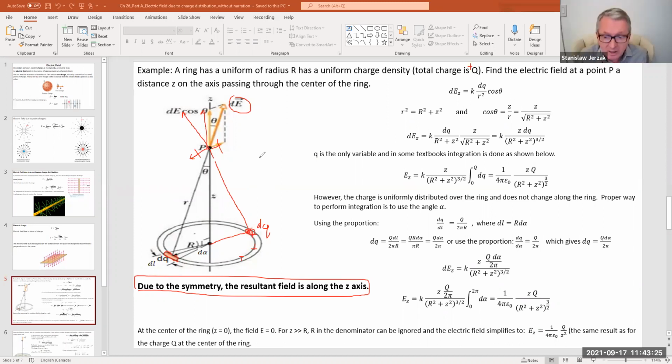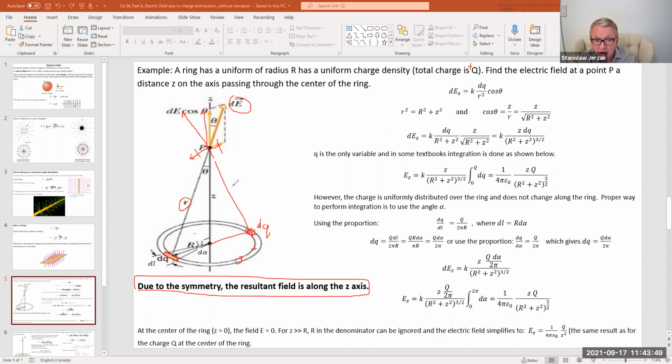Very good comment. I have not mentioned that lowercase r yet, but your question is about lowercase r, which is a very important question because remember, capital R is the radius of the ring, but the distance from that chunk of charge dq to point P I designated by lowercase r. And like the student is saying, lowercase r will be the same for every element of the ring.